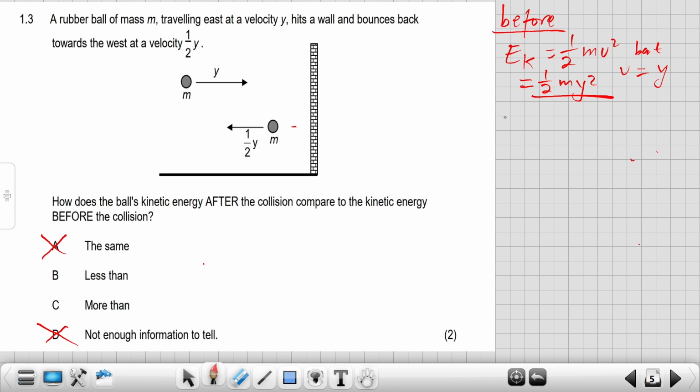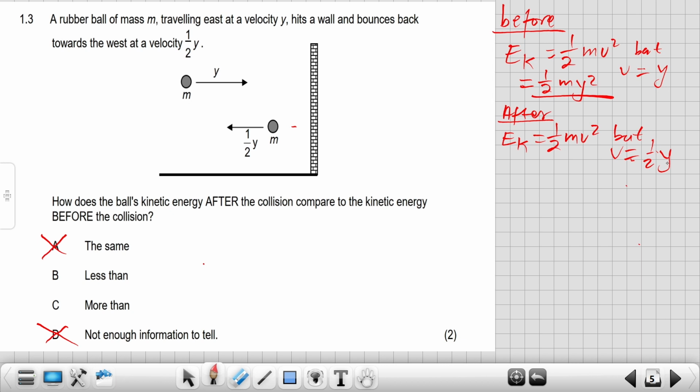Then after the collision with the wall, I have EK equals half mv squared, but now I am told that v is equal to half y.